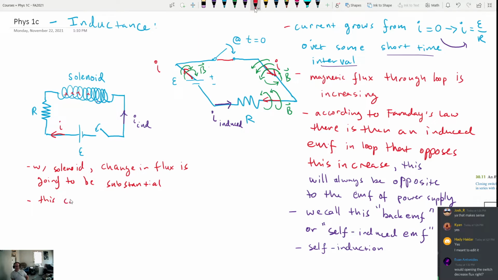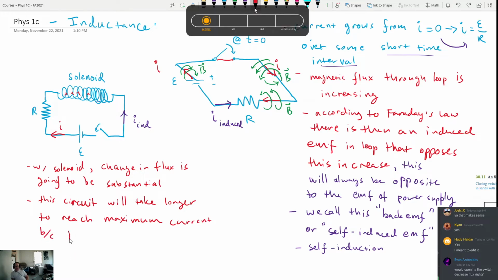The circuit will take longer to reach maximum current, because the induced EMF, or the back EMF, will be bigger.